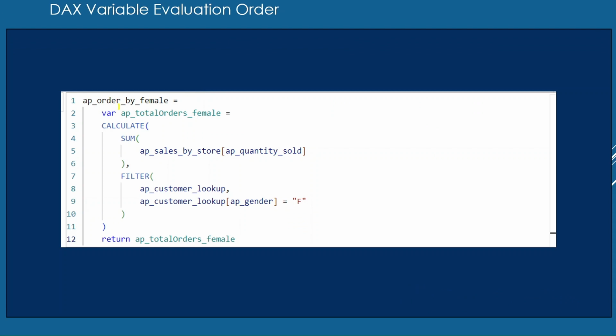Here we are creating a measure and declaring a variable, and providing an expression for the variable. The expression is calculating the total quantity sold to female customers, and here we are returning the variable which we have defined.